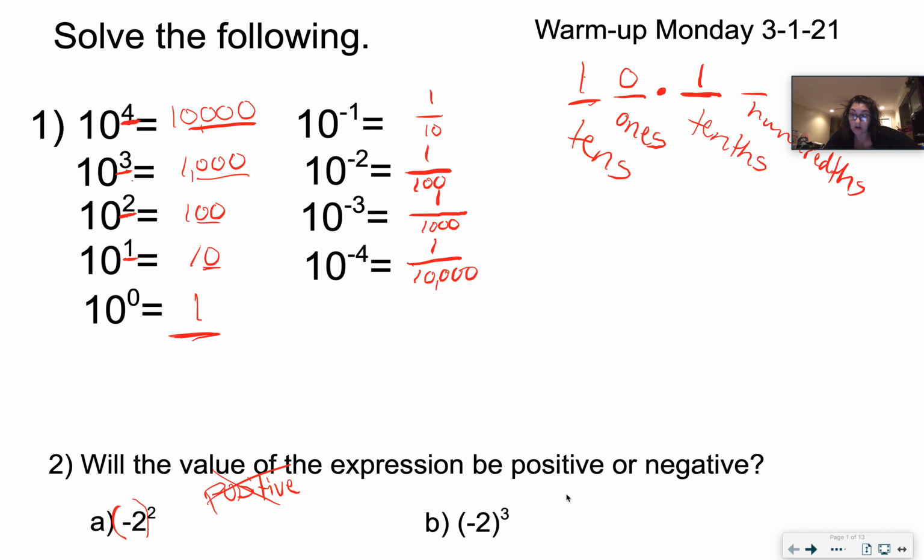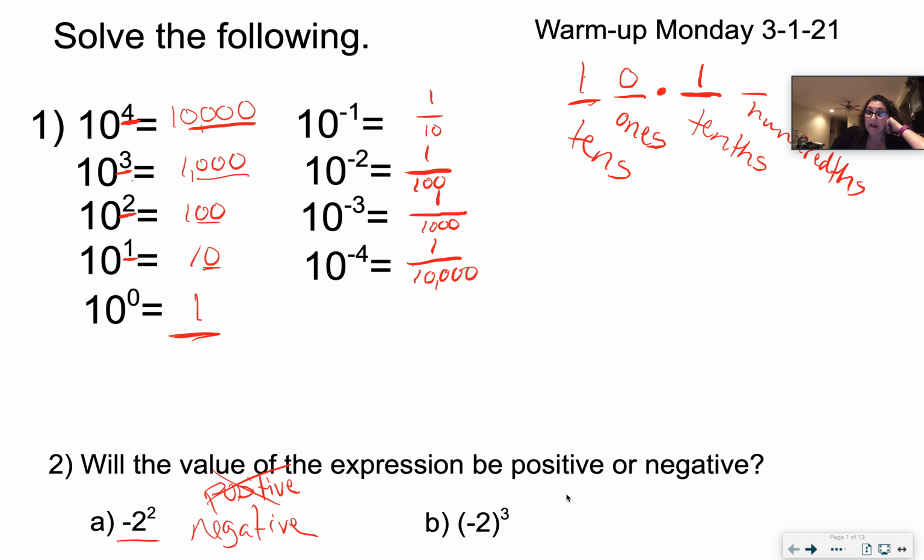Okay? But there's not parentheses there. If you type this into your calculator exactly how you see it right now, -2 squared, no parentheses, nothing, you're going to get a negative answer. You're going to get a -4. Okay? And let me tell you why.